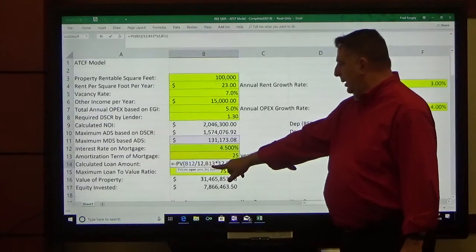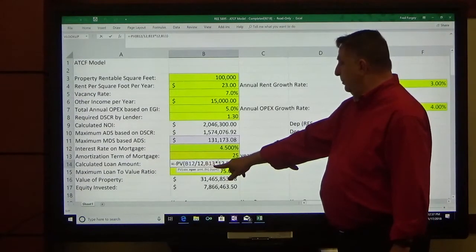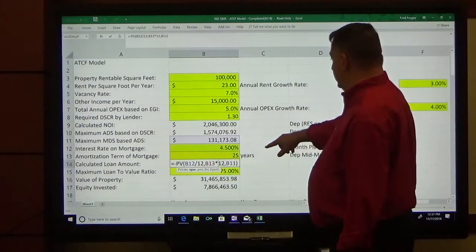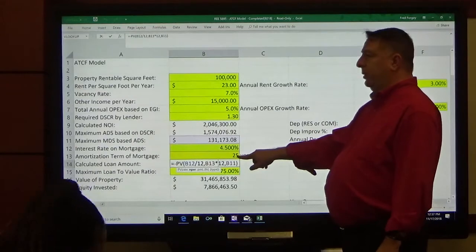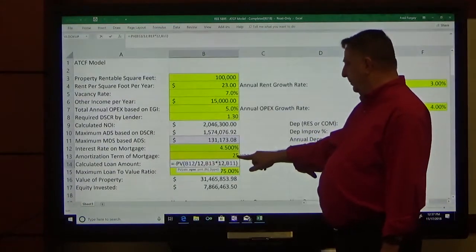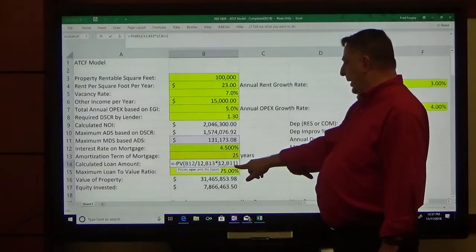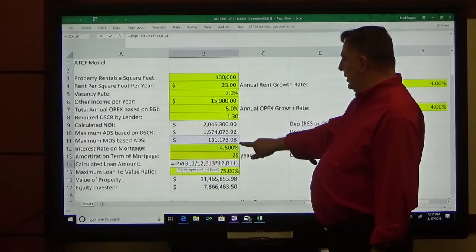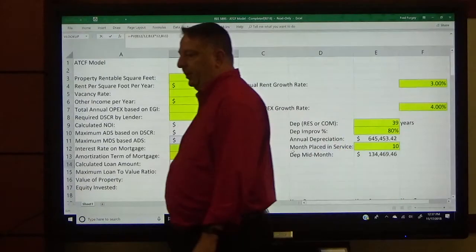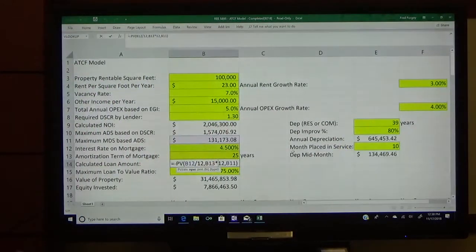Then the number of periods, the number of years, 25 years, times 12, which is 300. And lastly, the payment amount, which is the monthly debt service, and this all gives us the loan amount.